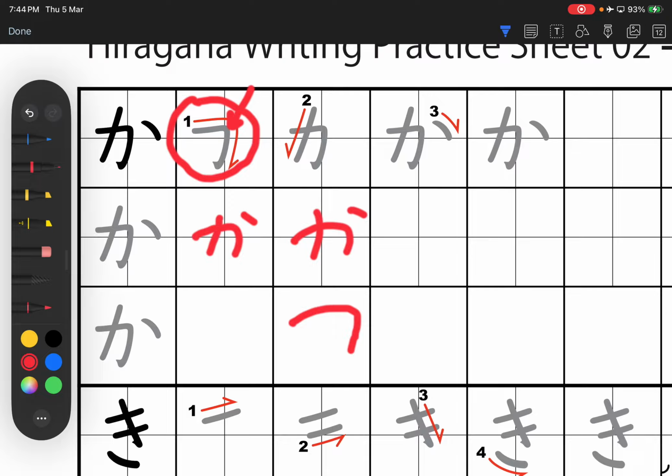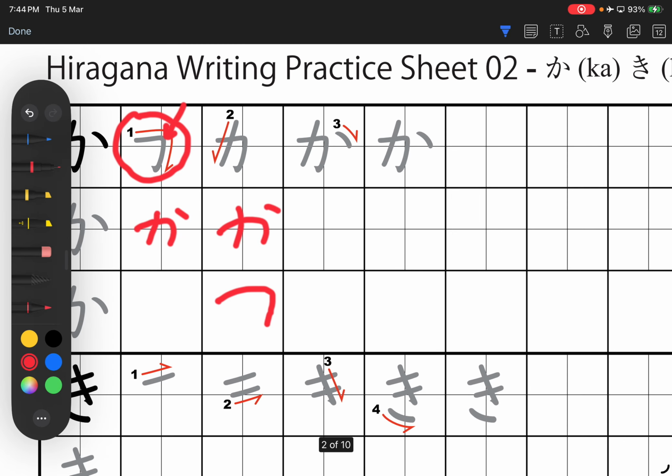I won't say that the penmanship practice one is wrong, but there are two writing systems, the Katakana and the Hiragana. It is very important to make sure that your handwriting can differentiate between both systems very distinctively. I will show you the Katakana version for ka. The Katakana one is like that.